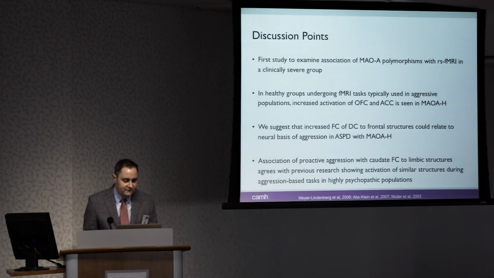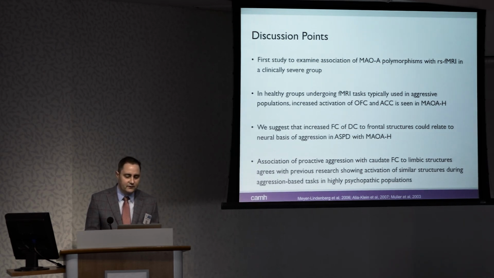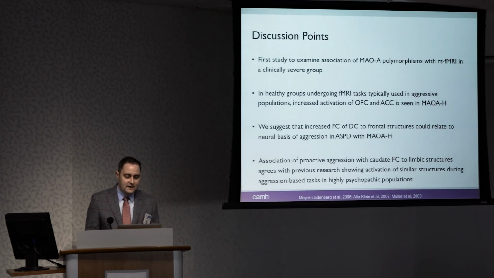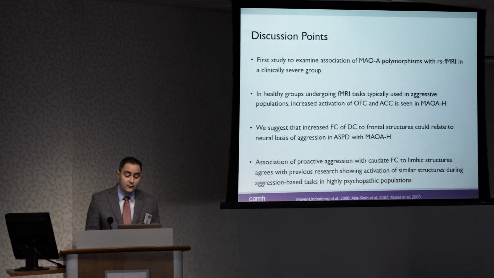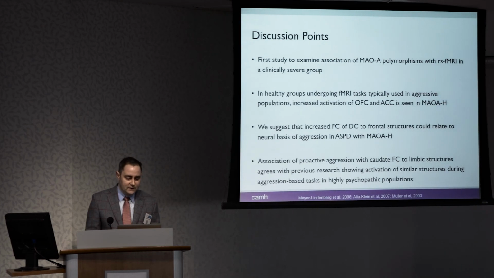So discussion points. First study to examine association of MAO polymorphism with resting state fMRI in a clinically severe group. In healthy populations undergoing MRI tasks, typically used in aggression, we see increased activation of the OFC and ACC, as was seen in the high-activity MAOA alleles.